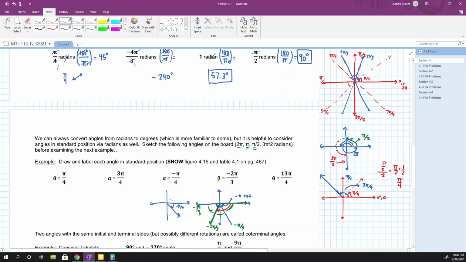If I kept going, 3 pi over 3. Keep going, that's another, 4 pi over 3, 5 pi over 3. And I got all the way back around. Guess what? 6 pi over 3. So we're just splitting it up again, a little bit differently. So that's another common way you'll see it, over those pi thirds.